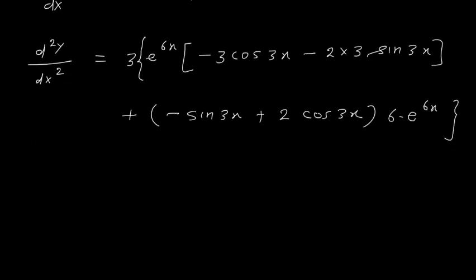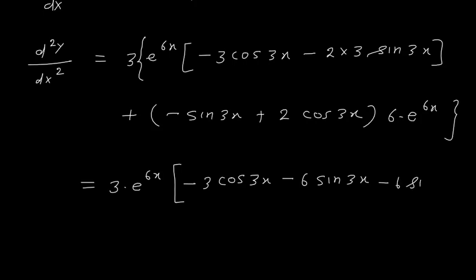Okay. So e power 6x, now again we can take common. So 3 into e power 6x we take common. Now inside we have minus 3 cos 3x minus 6 sin 3x. Then here we have minus 6 sin 3x and 6 twos are 12 plus 12 into cos 3x.